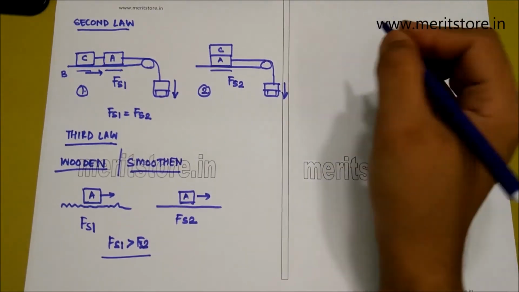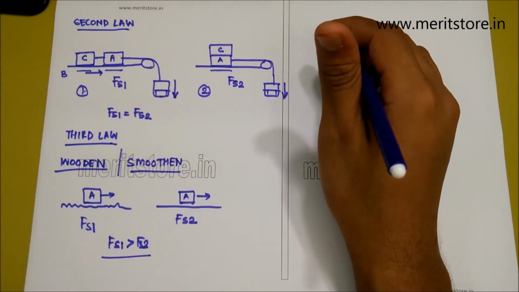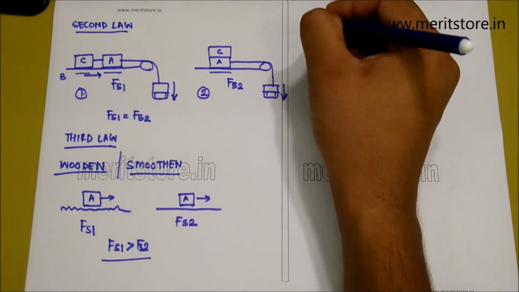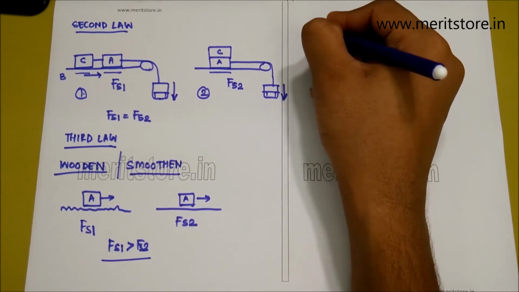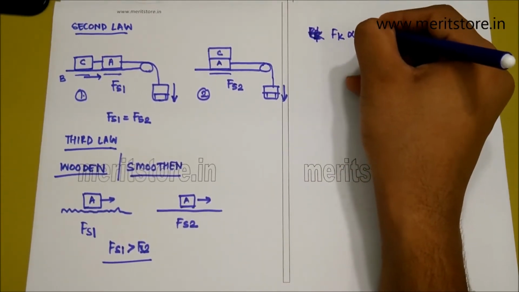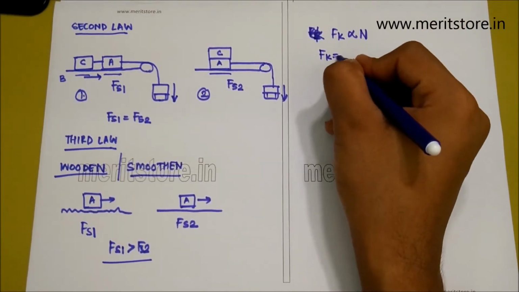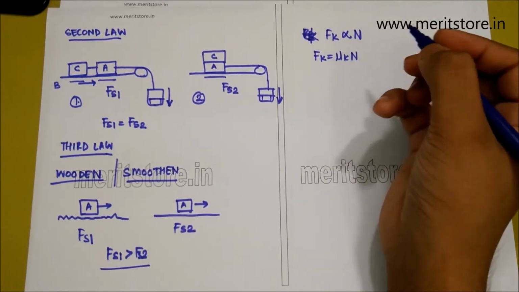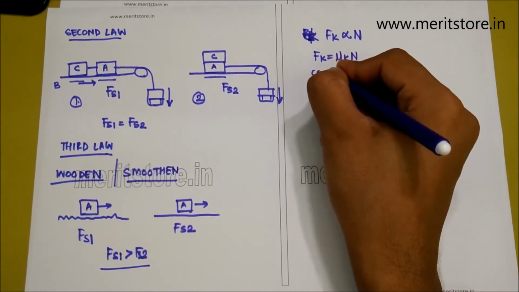So the first law of dynamic friction also states that the force of dynamic friction or kinetic friction is directly proportional to the normal reaction between the two surfaces in contact, which means that Fk is directly proportional to N, and therefore Fk is equal to mu k times N, where mu k is called the coefficient of kinetic friction.